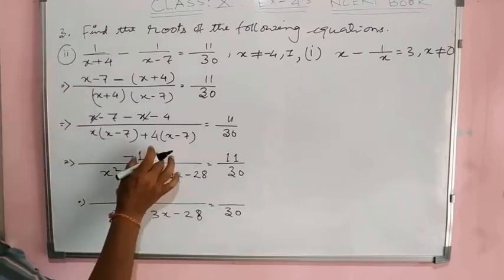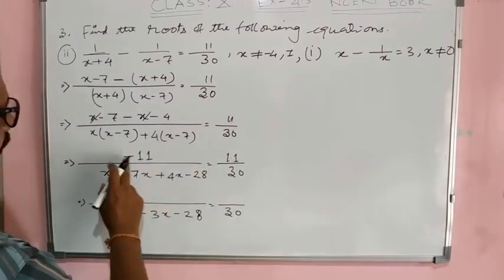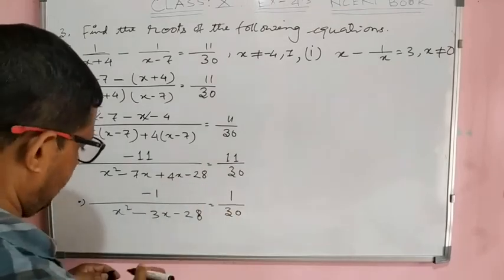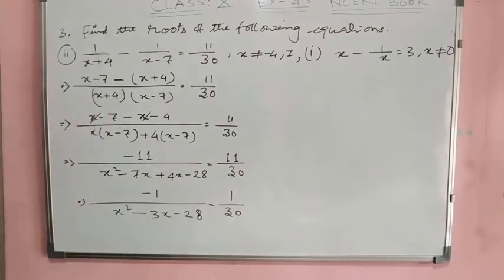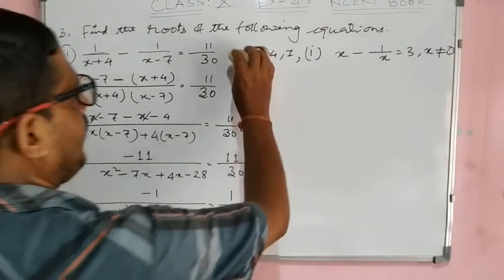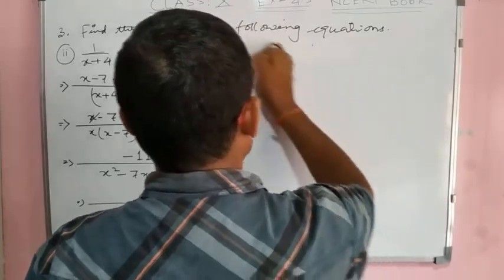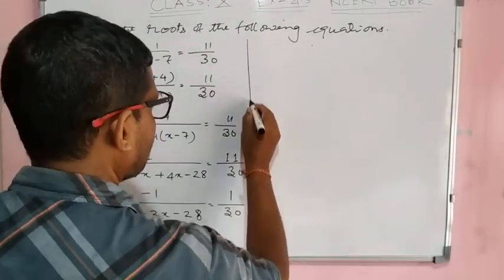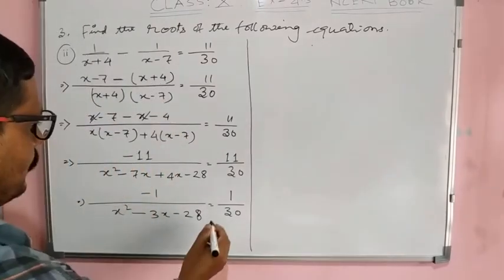Now you see there is also 11, there is also 11. Divide both sides by 11, so you get here minus 1, and you will get here plus 1. Let us see this one. Do the cross multiplication.